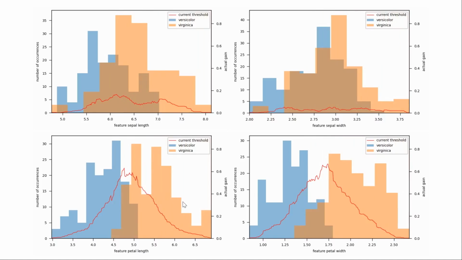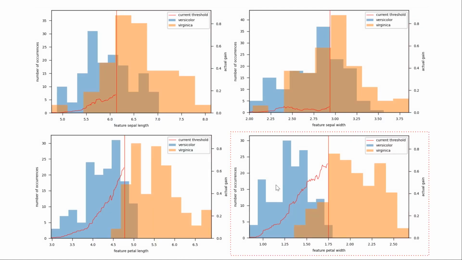So the algorithm will try to decide which feature is going to be chosen for the second branch of the decision tree. I highlight here the highest gain for each one of the four features. We can see that here it is not so big, not so big, this is big, and this is bigger.